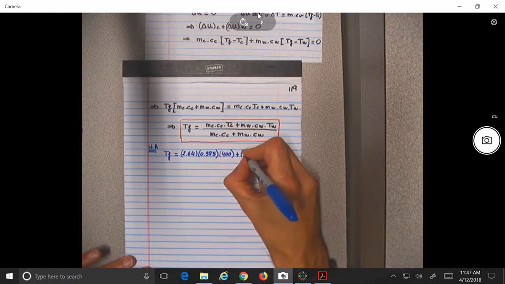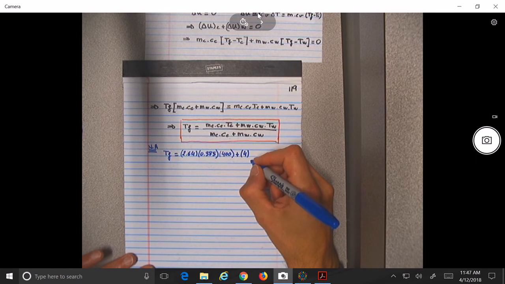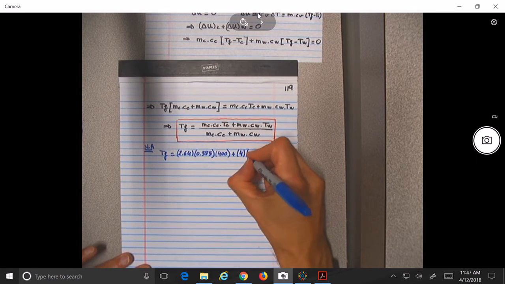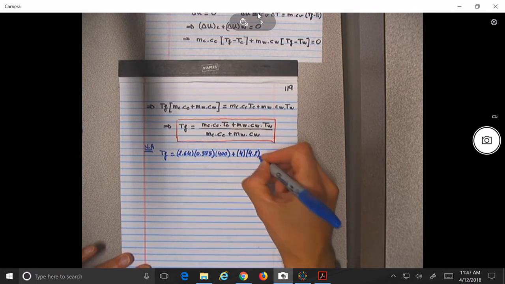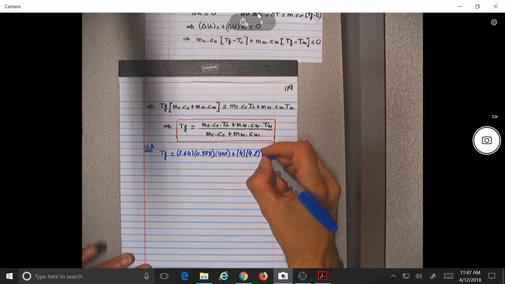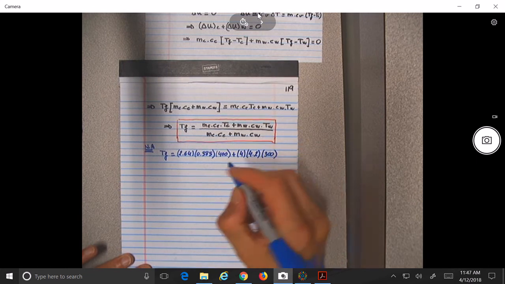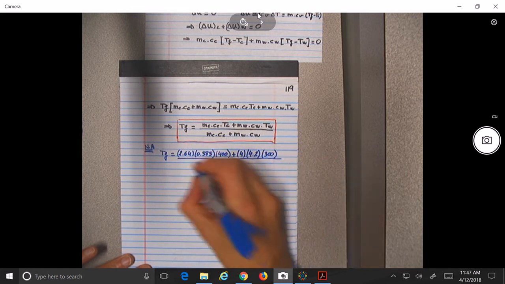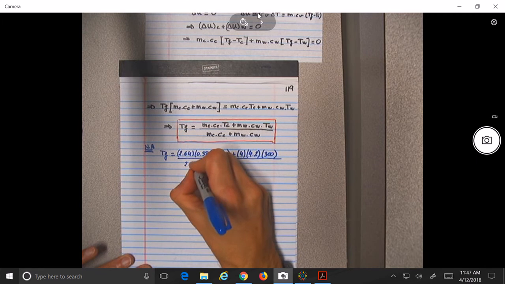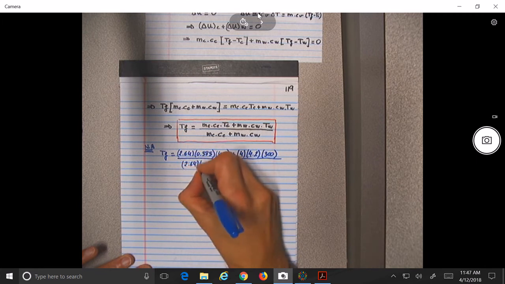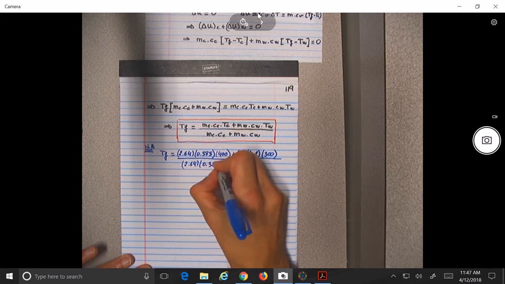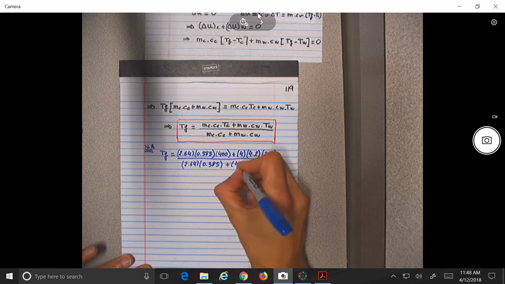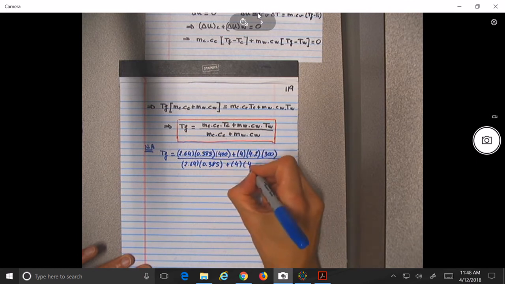Plus mass of the water is 4. C of the water is 4.2. And temperature of the water is 300, divided by 2.64 times 0.385 plus 4 times 4.2.